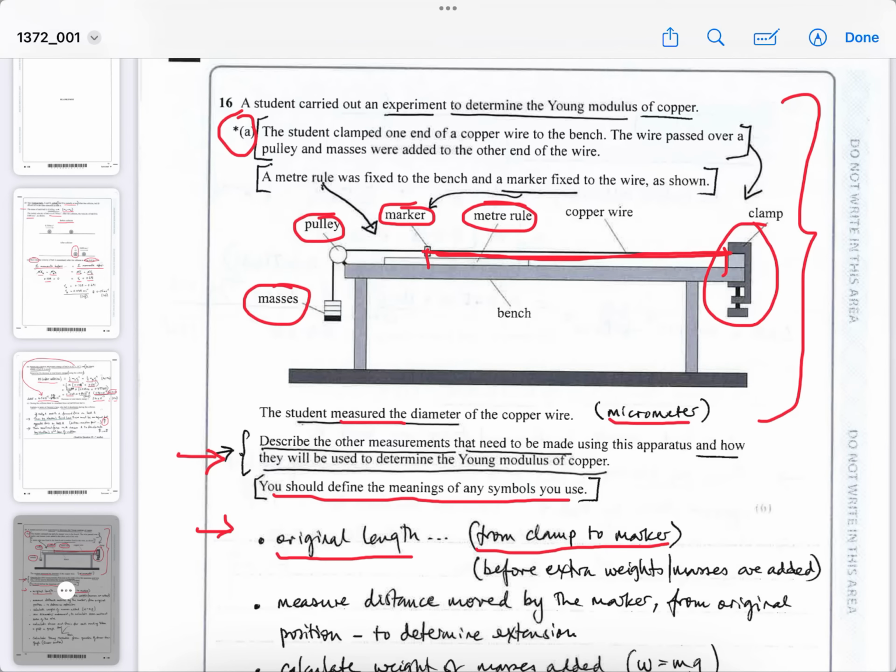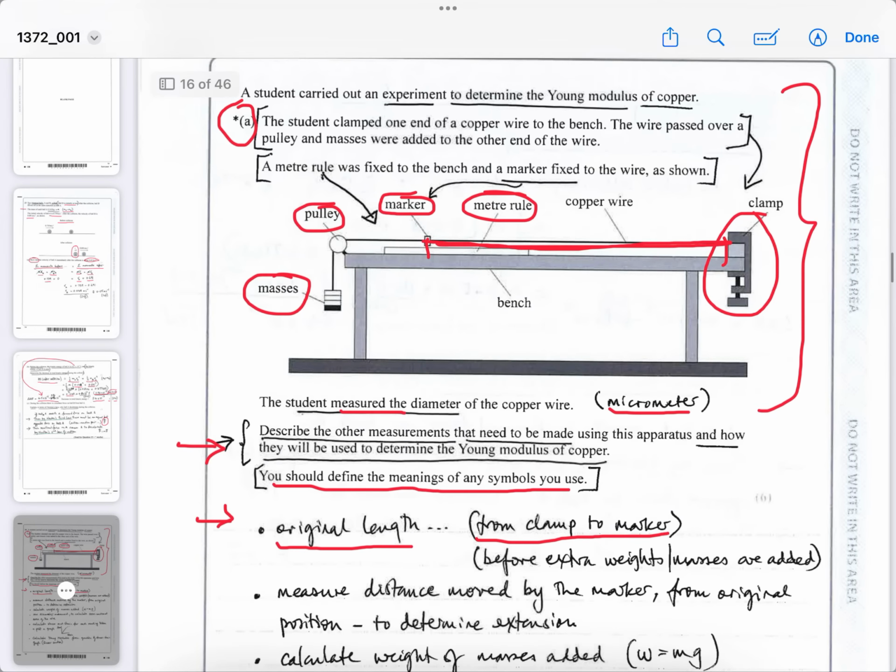Kinks are little bends in the wire which could then straighten out as you put it under tension, and they're not actually extending the interior structure of the material. They're just ironing out the inaccuracies of the original length, okay? So you also need to think about that when you're doing this experiment. It's a common question that is often asked in A-level.